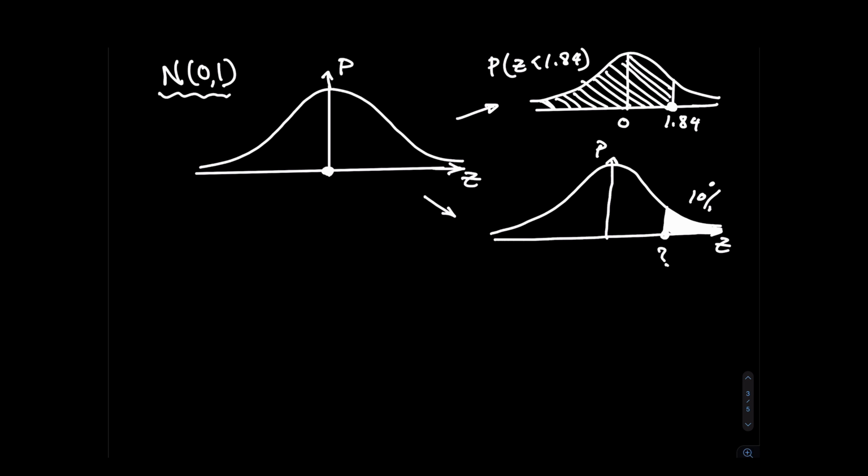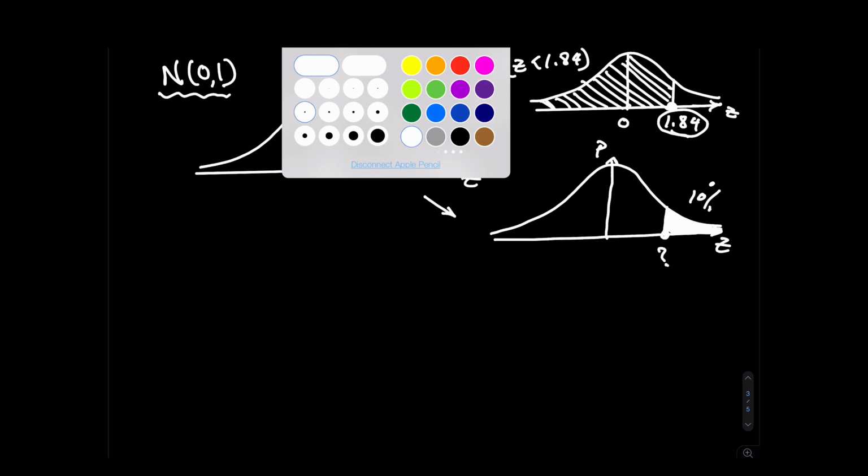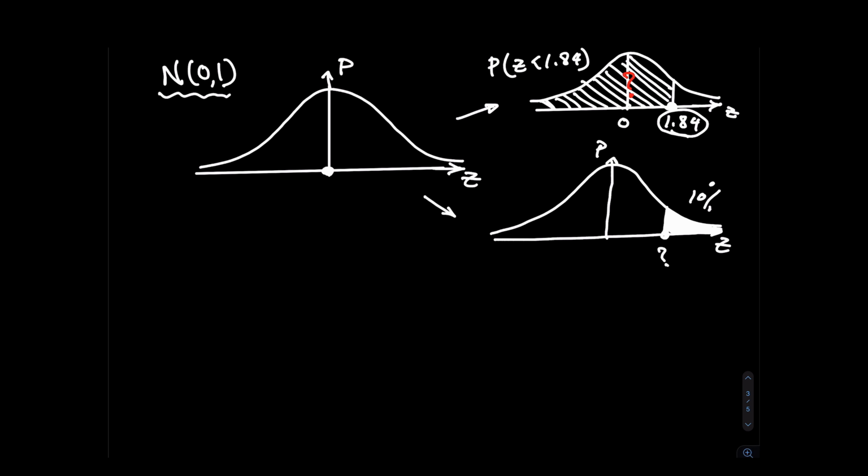Basically, I've given you p and I'm asking you to find z. In the example above it, I was giving you the z-score and I was asking you to figure out the area. In this exercise, I've given you the area and I'm asking you to find the z-score. This is called the inverse problem.